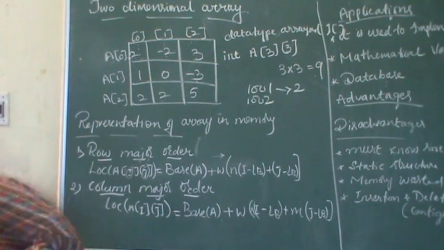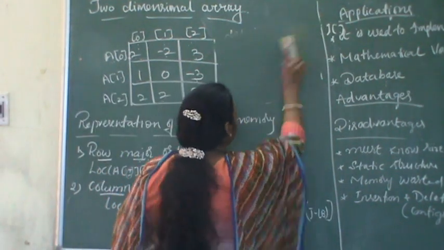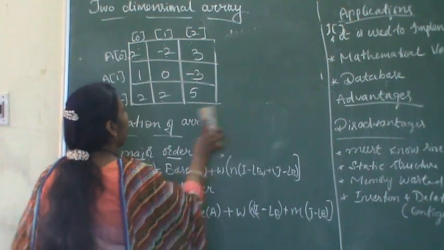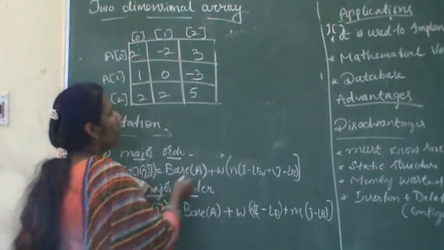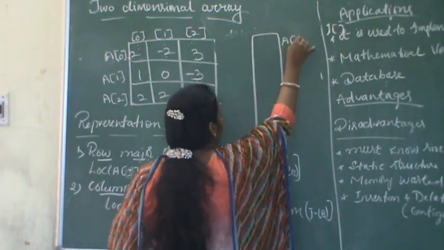For example, in the row major order it will store the array something like this. Suppose this is our array.